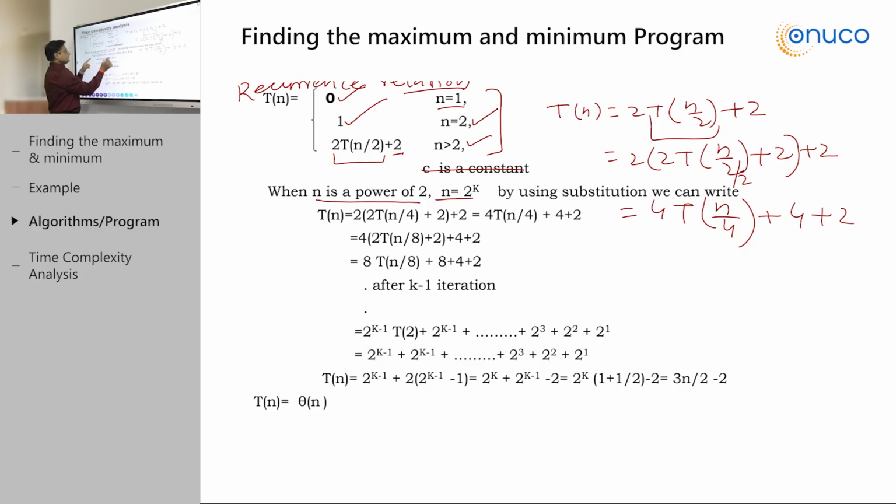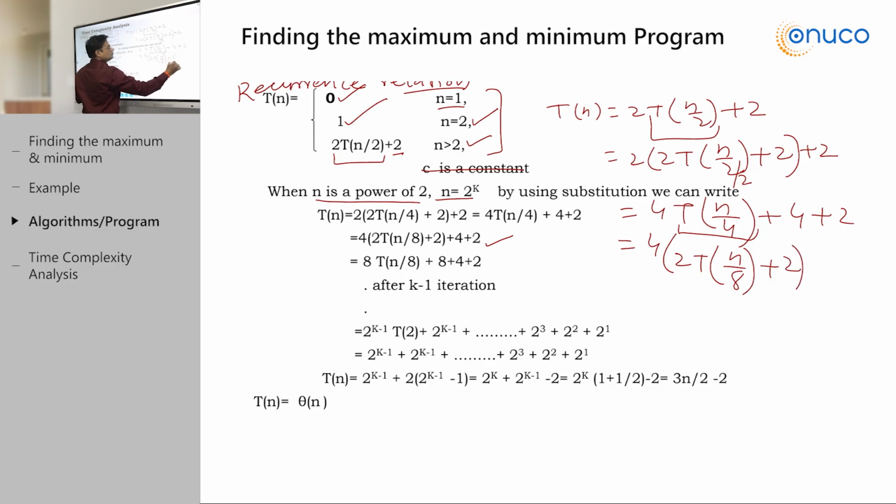In the next iteration, 4 is common, and T(n/4) becomes 2T(n/8) plus 2, and the 4 plus 2 is the original. So we get 8T(n/8) plus 4 into 2, that is 8, plus 4 plus 2.